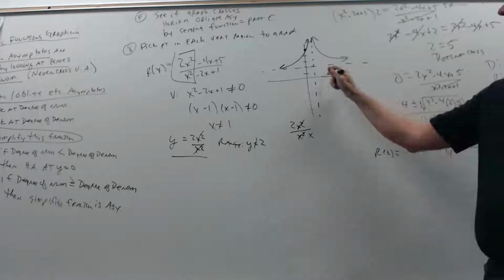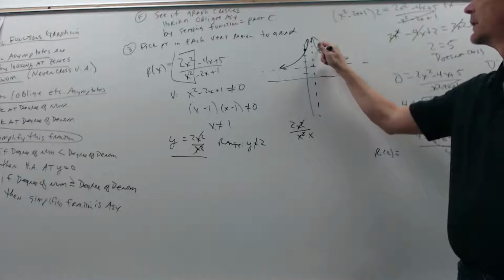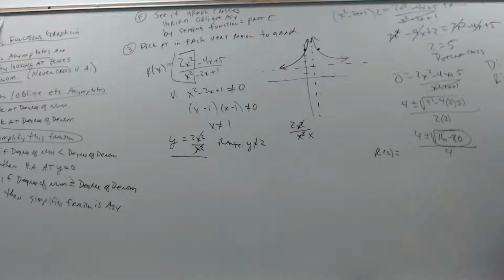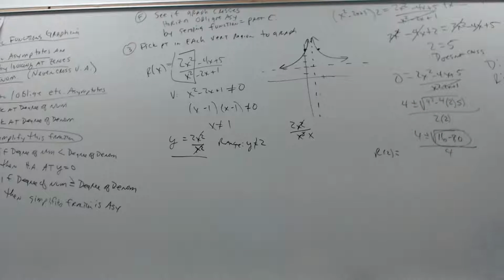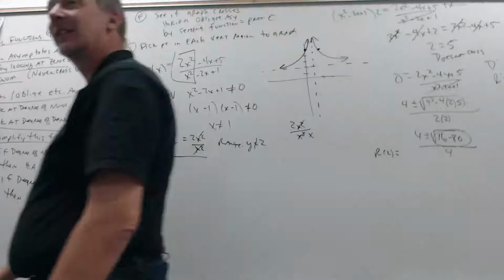When x equals 2, it's right there. Oh, so x cannot equal 1, that's the domain. X cannot equal 1. And then y cannot equal 2. Don't mix up your domain and range, okay?